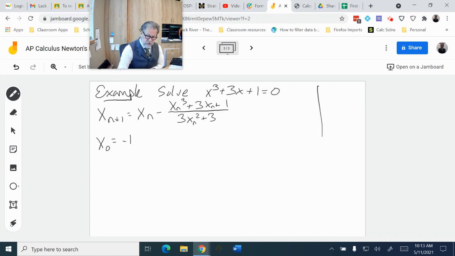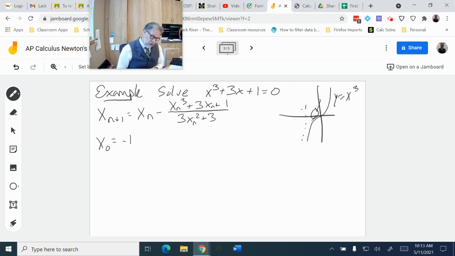And the reason I'm going to choose -1 is that if I look at just a plain old y equals x cubed, I know it looks like this. I know that if I put in a negative value of x, it is going to become a negative. For example, if x equals -1, this is a negative number, which means that the transformed function will look something like that. And I'm going to say, okay, my initial guess is -1.